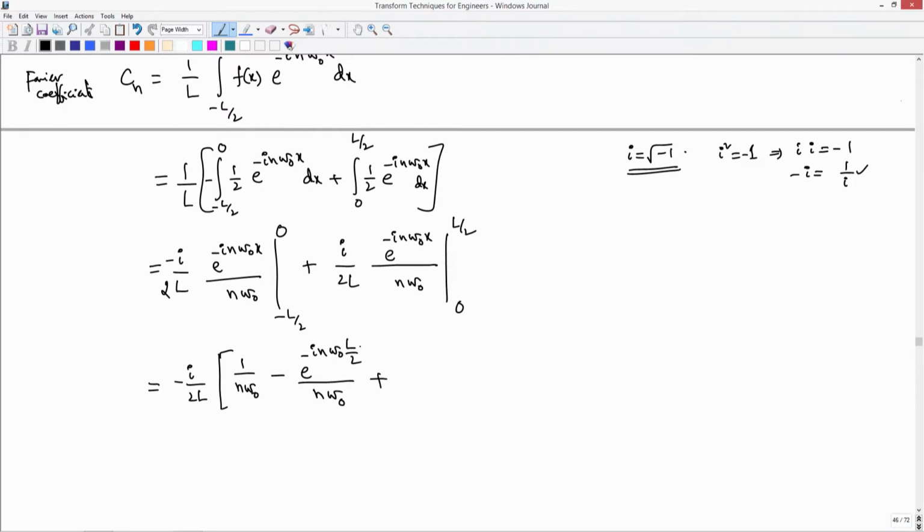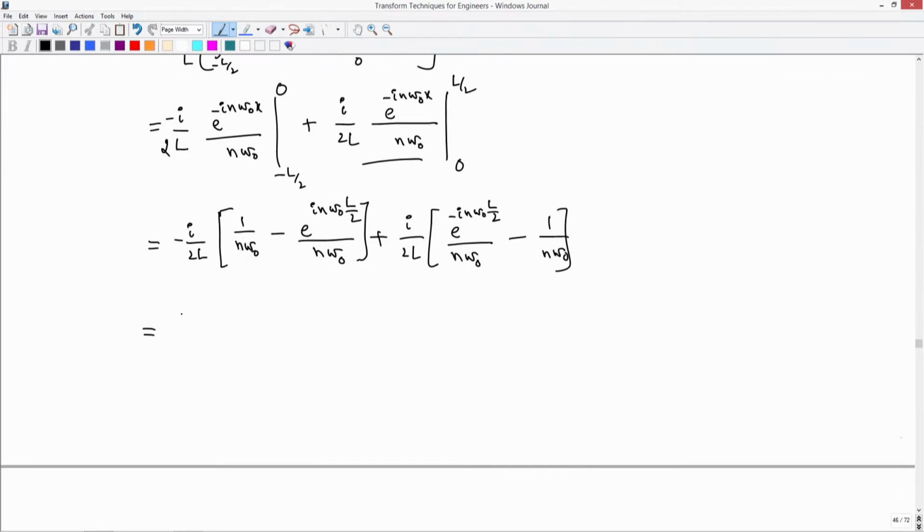Now, this is for the first term, the second term is i by 2 L, what you get is e power minus i n omega naught L by 2, and this is, I think, going to be minus minus plus. When you put x equal to, this is going to be plus, and this term has L by 2 by n omega naught minus 1 by n omega naught.